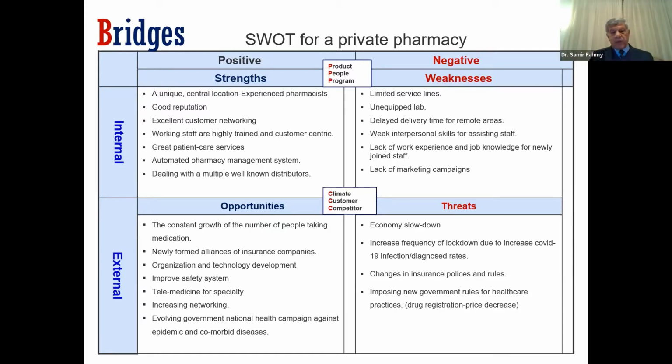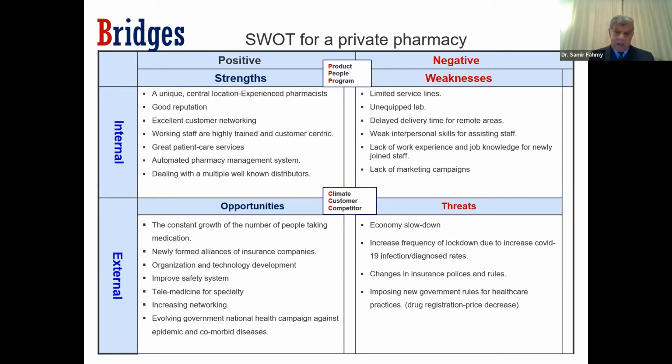These are the opportunities that are outside the organization, and we will learn later how to take advantage of these opportunities, plus your strengths, to overcome the weaknesses, and at the same time to avoid the threats that might happen here.